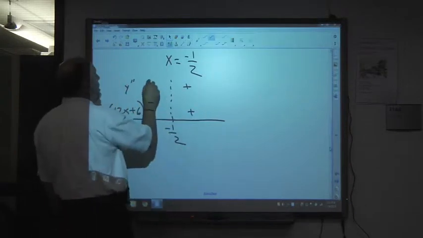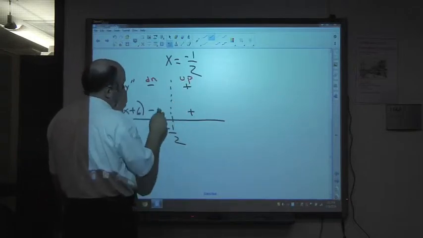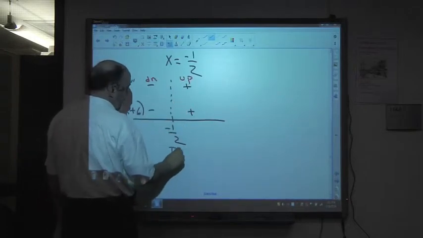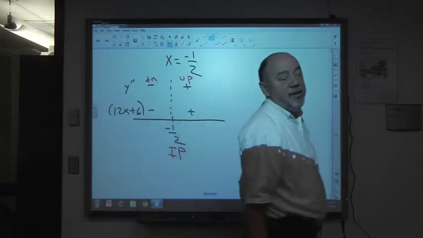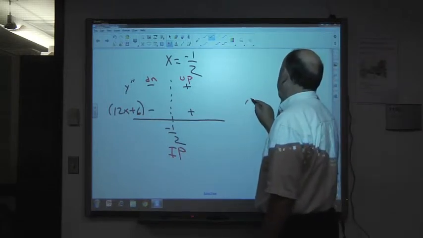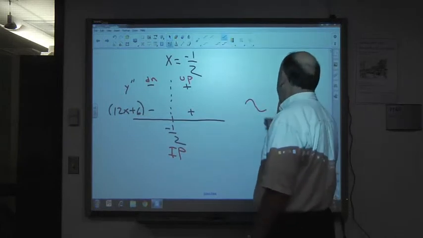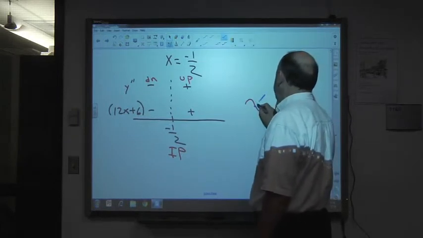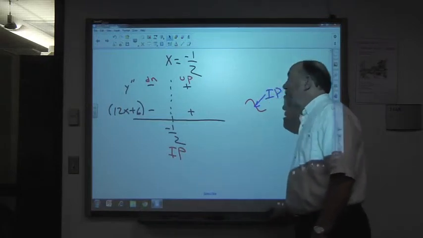And so this will be concave down. This is concave up. And this transition is called an inflection point. So that is the point where the curve goes from this shape to this shape. So that point in here is called the IP, the inflection point.